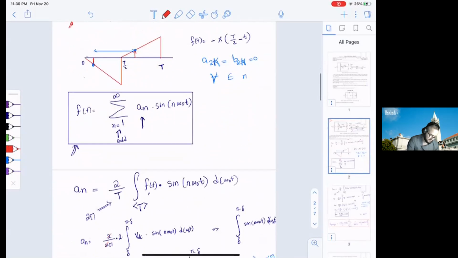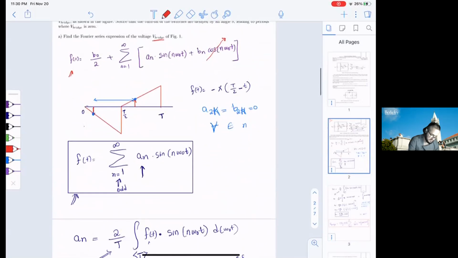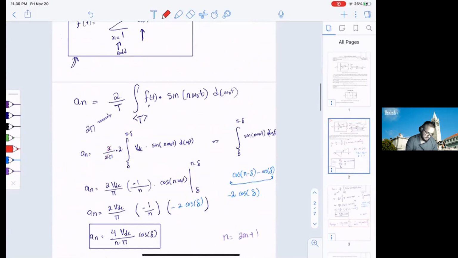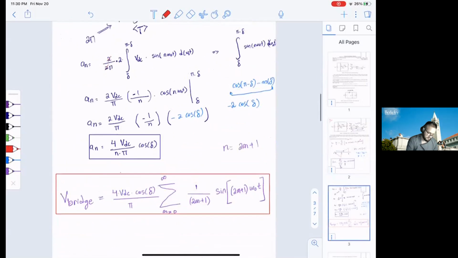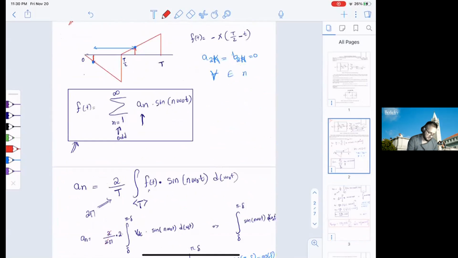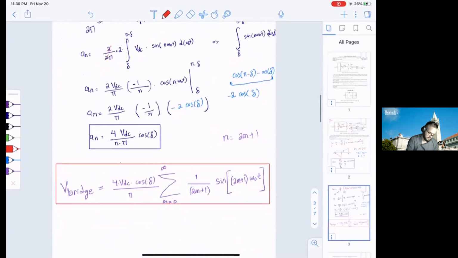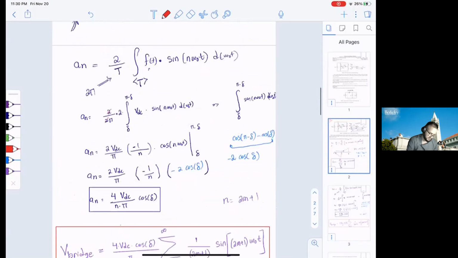Since the cosine terms cancel out, we just have the sine terms, and then we found the expression for a of n, solved it, and plugged that into the expression for V bridge.